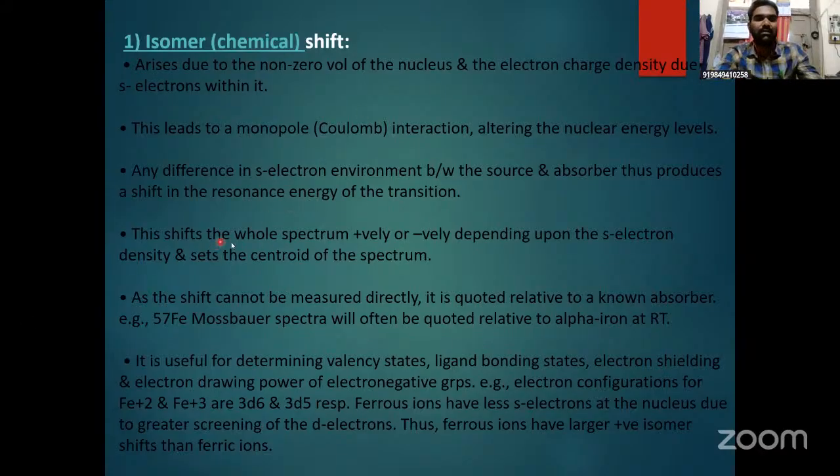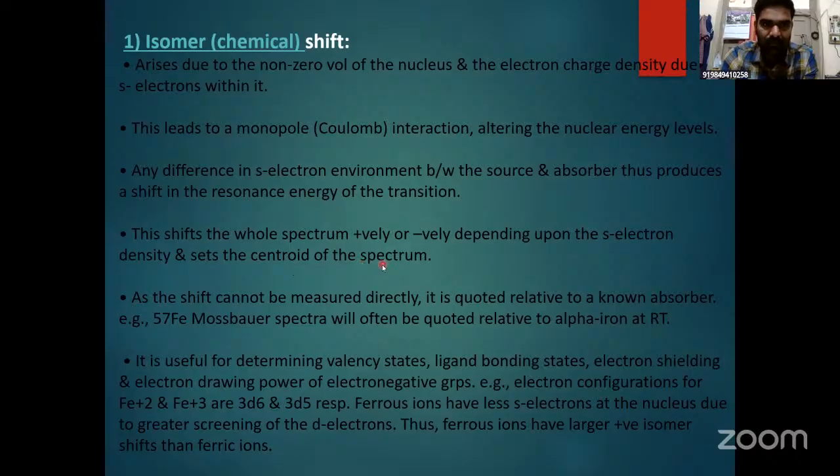This shift shifts the whole spectrum, positively or negatively depending upon the s electron density, and sets the centroid of the spectrum.